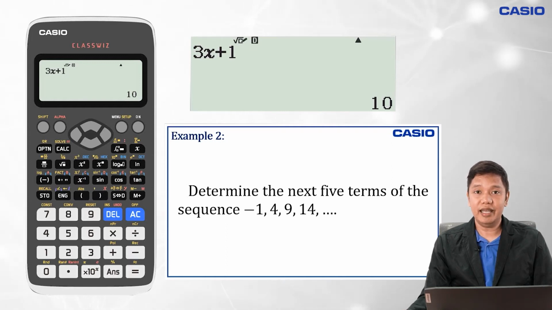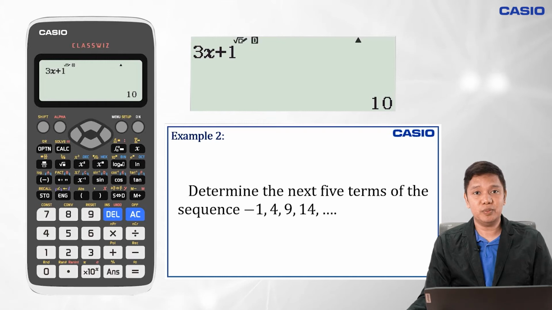Therefore, the nth term of the sequence is a sub n equal to 5n minus 6. Again, using our calculator, we do not have the variable n. Thus, we can use x as the variable, giving us 5x minus 6.